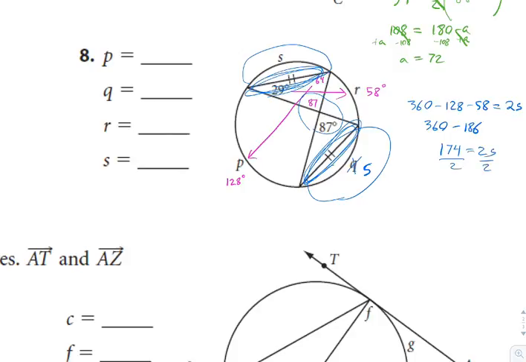Dividing that by 2 on both sides, I get that S is, no surprise, equal to 87. Because if 87 is the average of two equal things, it had to be 87 in the first place. So S and Q are both 87 degrees. R was 58 degrees, and P is 128 degrees.